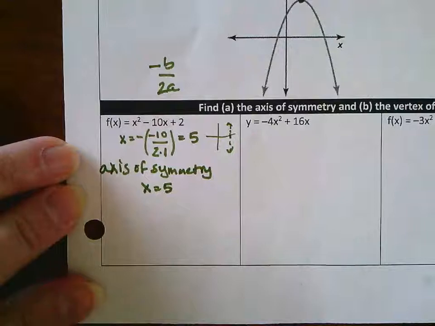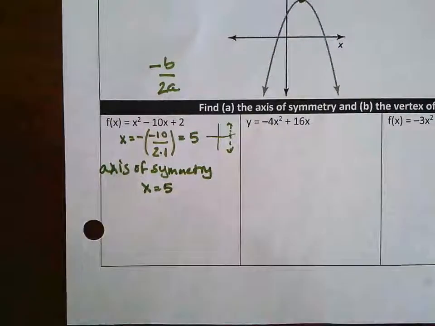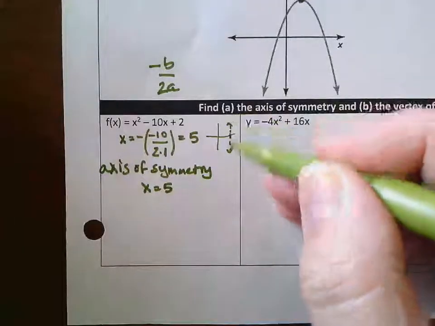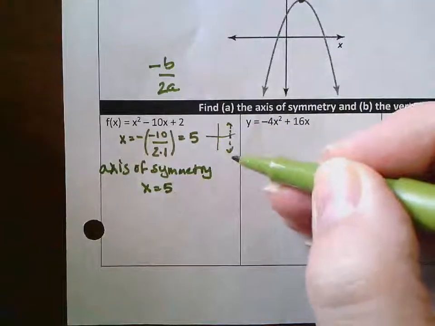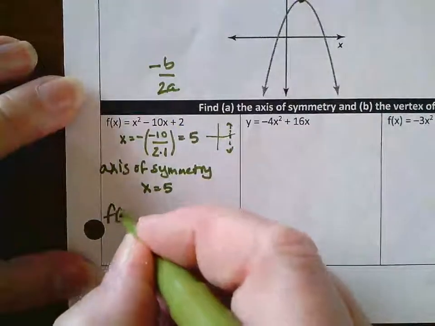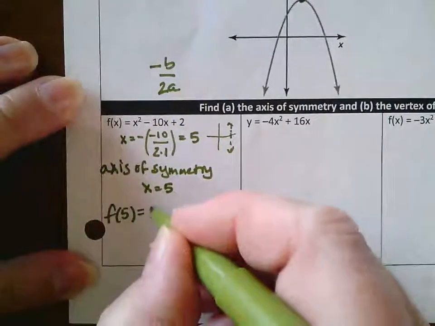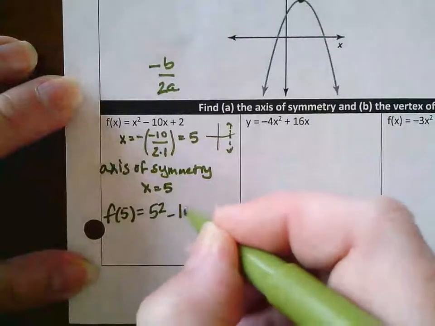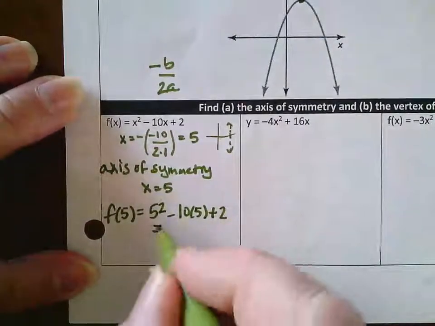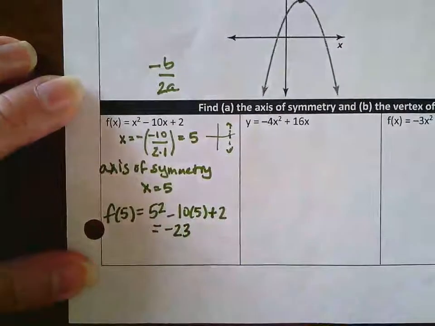Done. Now, to find my vertex, I have my x point. I know it's somewhere along this line, but I don't know where. So I just need to plug it in here to figure out what that value is. So f of 5 is equal to 5 squared minus 10 times 5 plus 2, or negative 23.